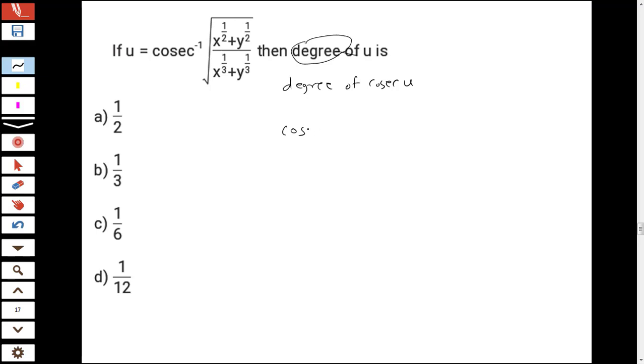So cosec inverse u is equal to cosec inverse of under root x raised to 1 by 2 plus y raised to 1 by 2 upon x raised to 1 by 3 plus y raised to 1 by 3. This thing we call shifting cosec.